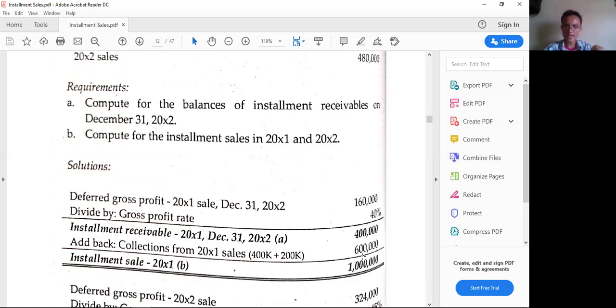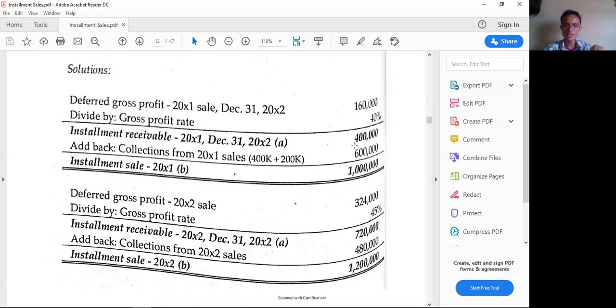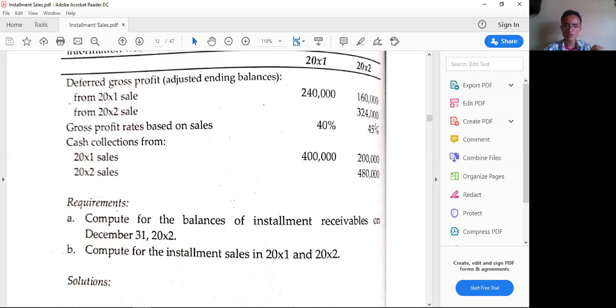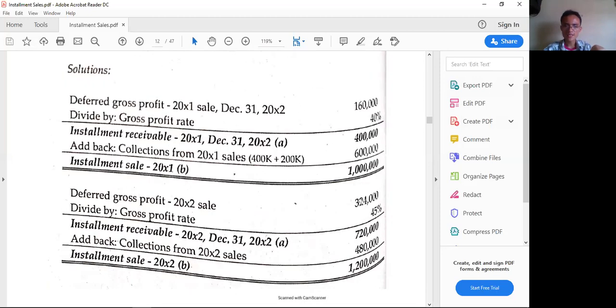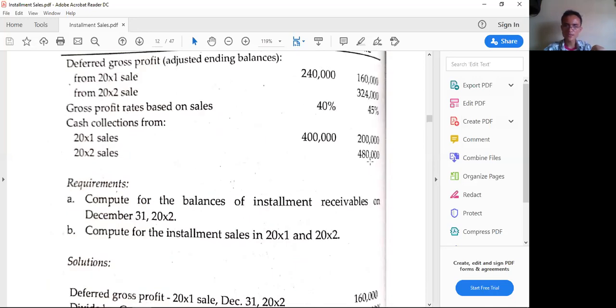what is to add back is the collections, which is the sum here, 400,000 and 200,000, the collections in 2 years, we get 1 million pesos. Okay, that's true. And then what about the 20x2 sales? 24,000 divided by 45% is 720,000 plus 480,000.